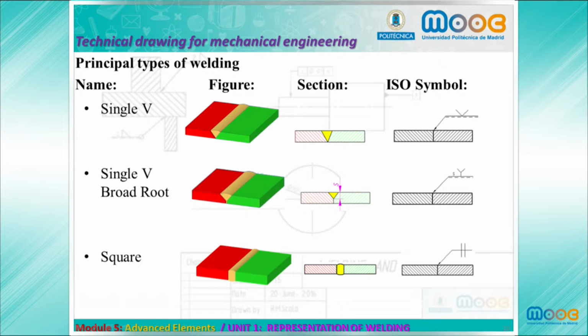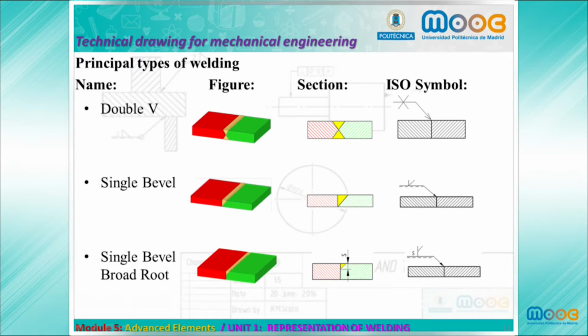Broad root means that it is partial penetration. We have a finite depth of the weld bead. A square also is a full penetration welding. Double V, a full penetration welding with an X shape.